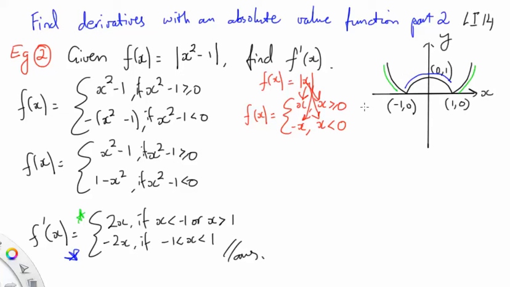As an exercise, if you like, if you solve the inequality x squared minus 1 is greater than 0, you'll actually get this answer, almost. And if you solve x squared minus 1 is less than 0, you'll get this answer.